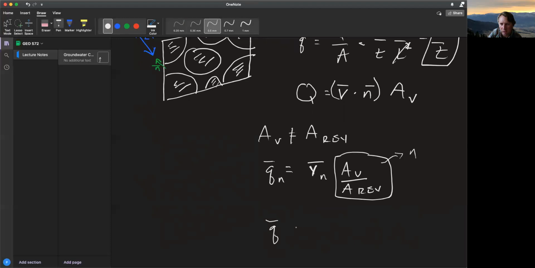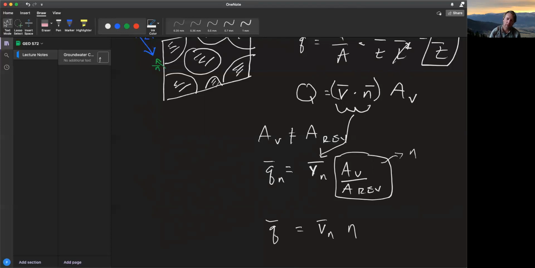So we get the discharge flux. So Darcy flux is equal to the velocity normal times porosity, where the velocity normal is taken care of by the dot product of the velocity and the normal to the plane.